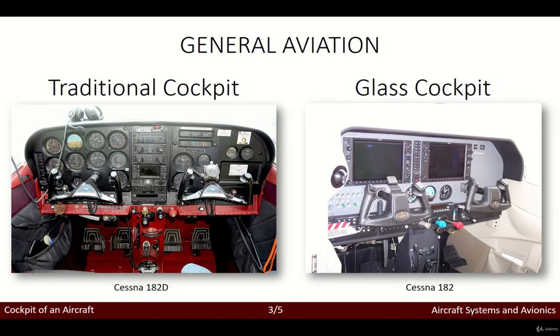Right, so just to go through a few ideas for the cockpit, what we usually have in aircraft is the battle between traditional and glass cockpits. Okay, so this is the idea of just using the flight instruments as we discussed in the first section of this course, right? So that would be any type of systems such as this is the attitude indicator. Okay.